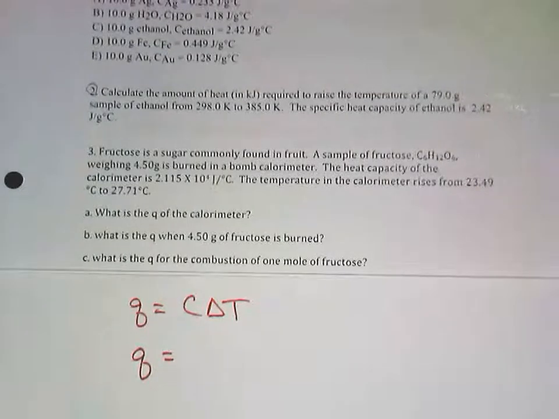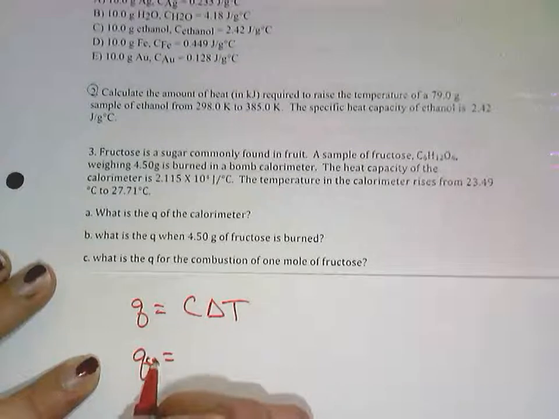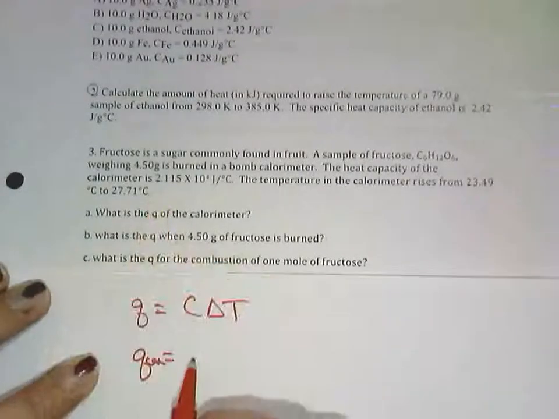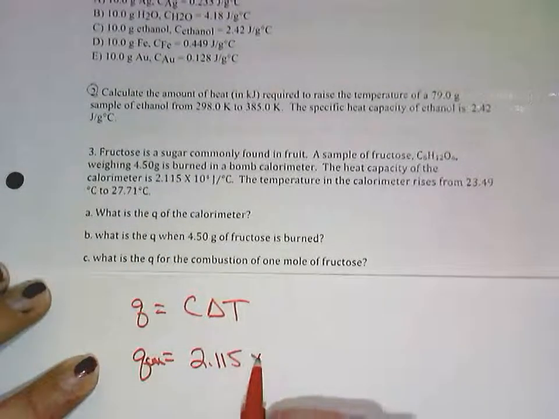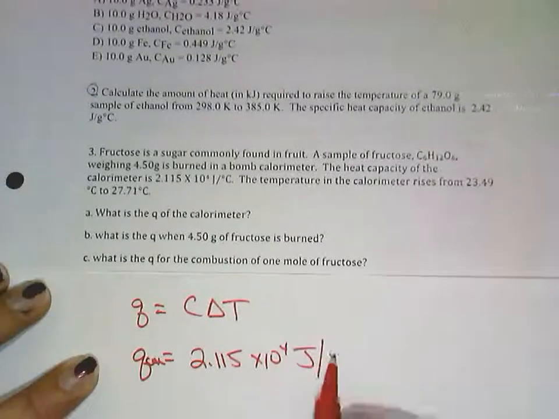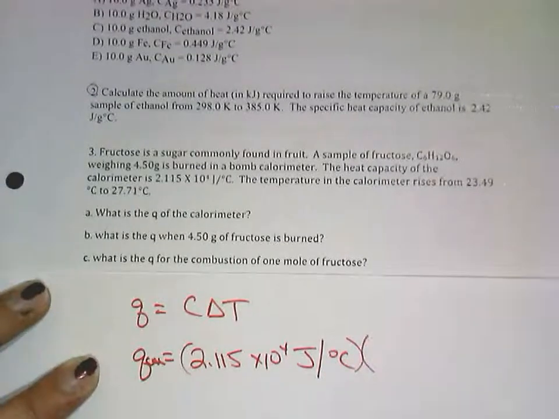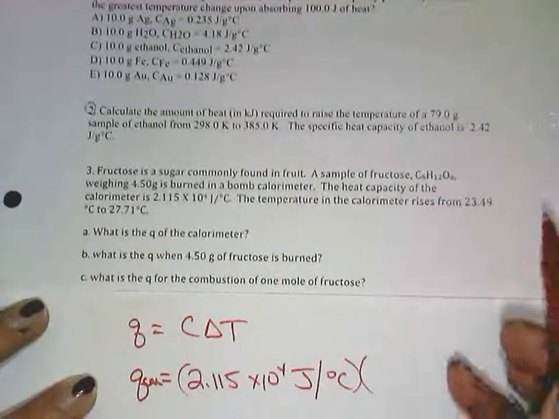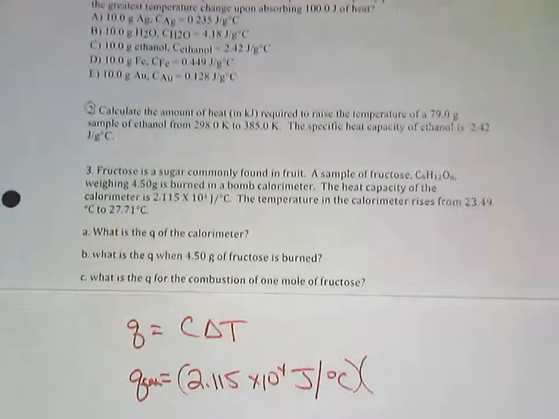All right, so then we're going to find Q of the calorimeter. Plug this in, 2.115 times 10 to the 4th. The temperature went from 23 to 27, so should I have a positive or a negative delta T? Positive.